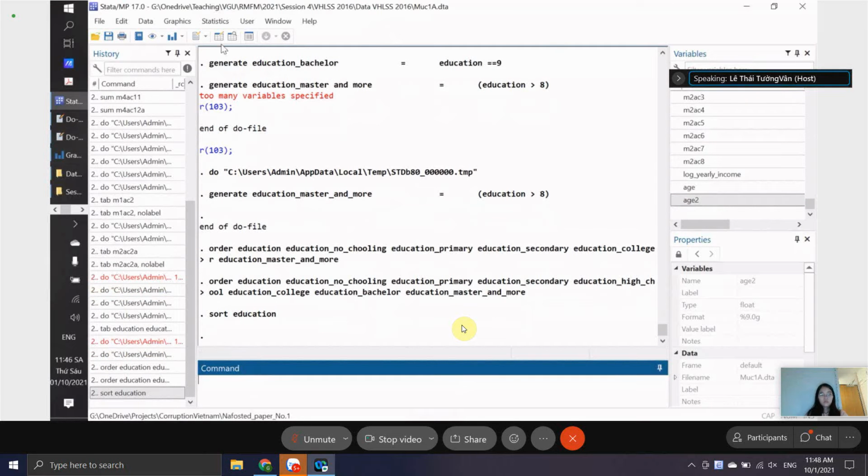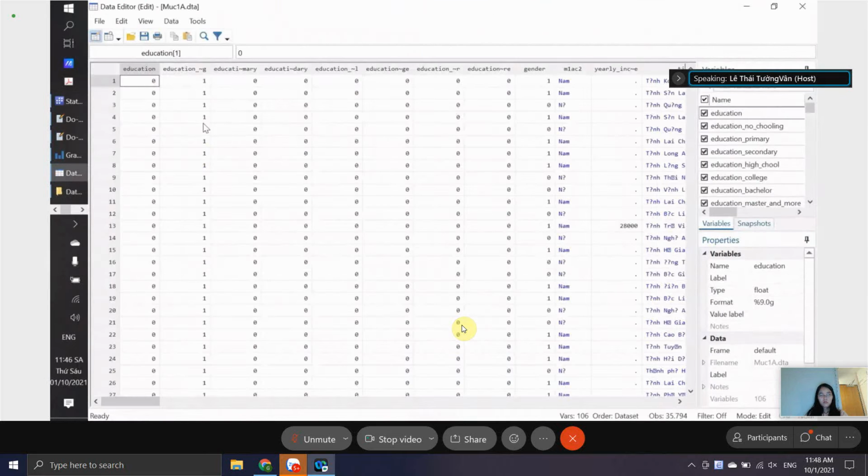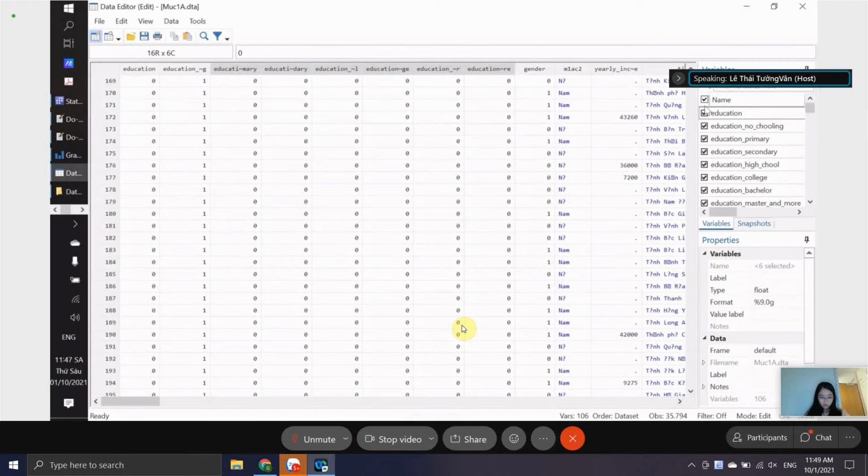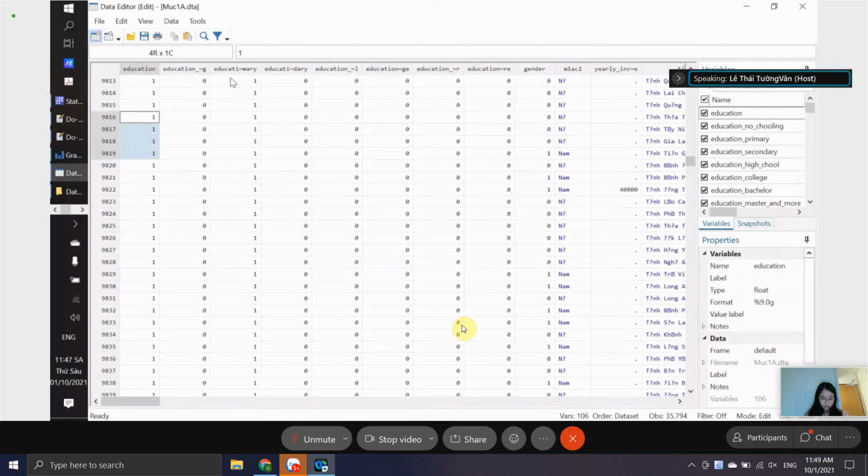Now you look at my data editor, you will see that. Now, ladies and gentlemen, please have a look here. This is the very important point. When there is no information, no education, only the variable education no schooling takes the value of 1, all other variables take the value of 0. When it comes to some education, that is down here, that is primary education, only the variable education primary takes the value of 1, all others have the value of 0.